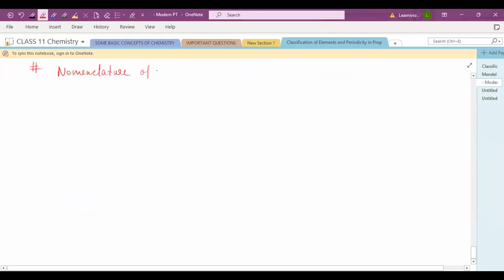Nomenclature of elements with atomic number greater than 100. So basically, in this, the name will be derived from the atomic number using root words. Okay, so basically for every digit a root word is given. Okay, we will see what those root words are.